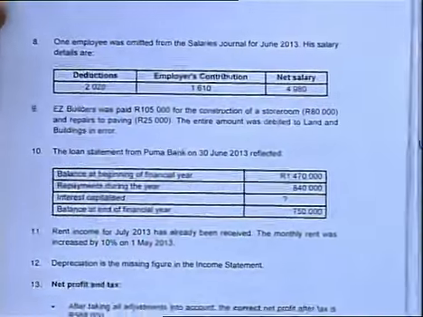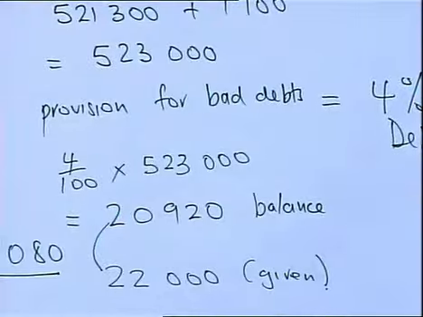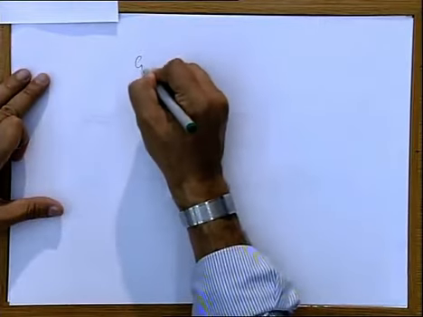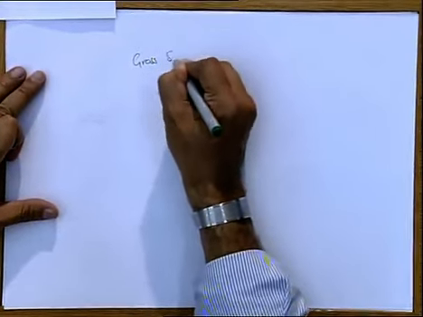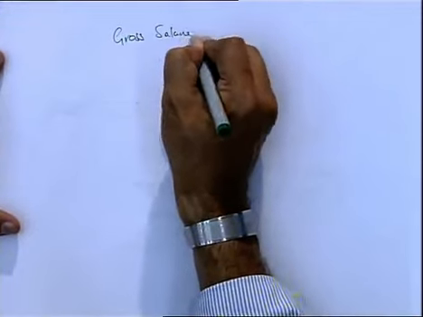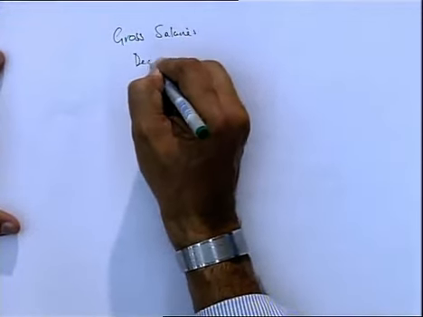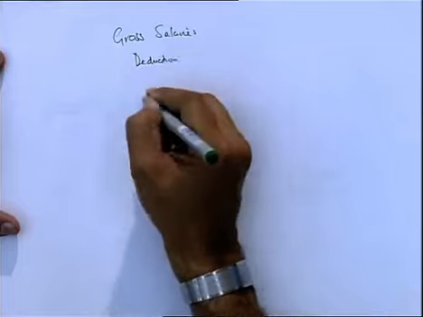So if I look at the net salary and I look at the deductions, then I can easily calculate what is the employee's gross salary. So the gross salary, the deductions, and then the net.